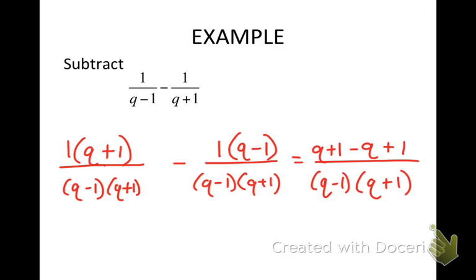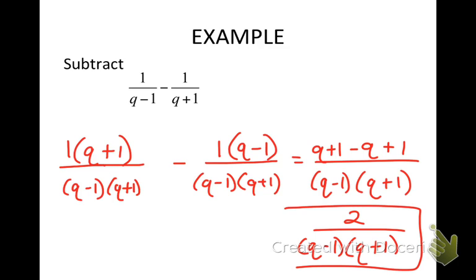So what does my numerator simplify to? 2, right? Because your q's go away, and then you have a 1 plus a 1, so you would have 2 all over q minus 1, q plus 1. Answer.